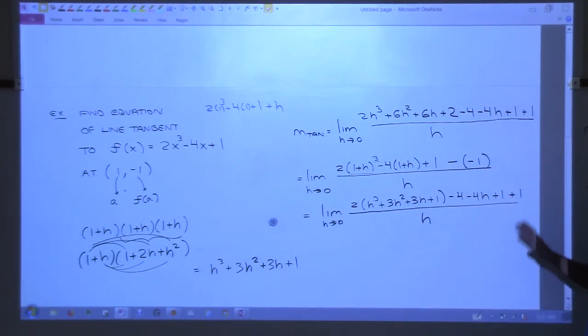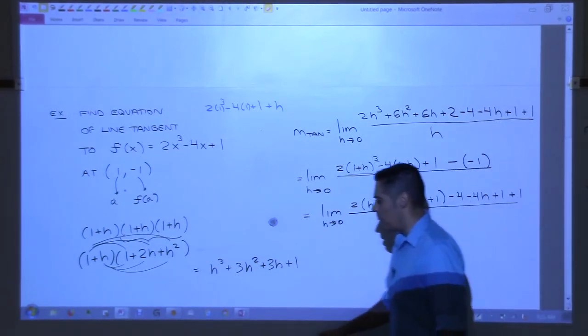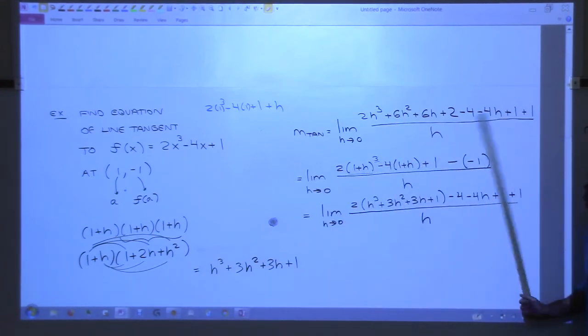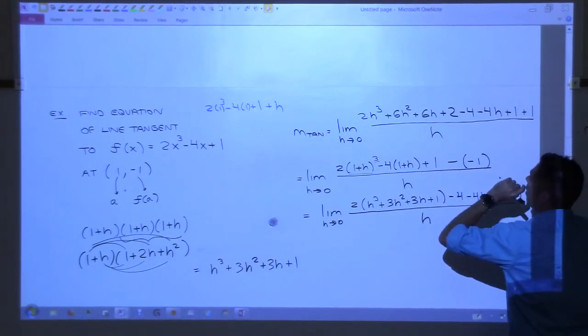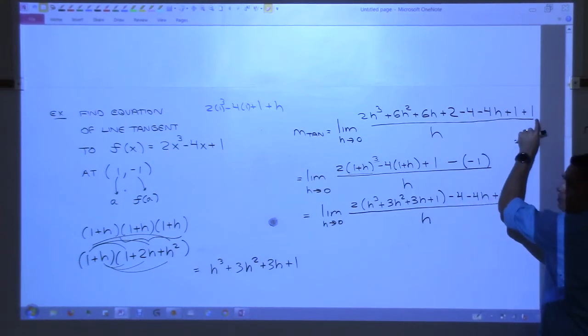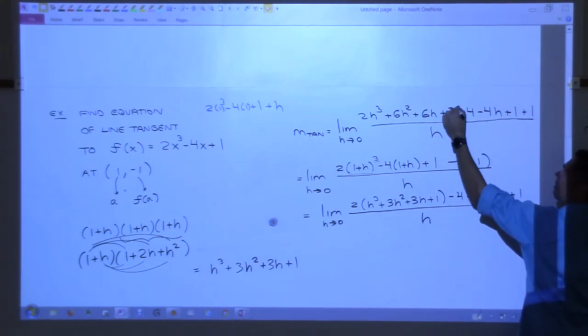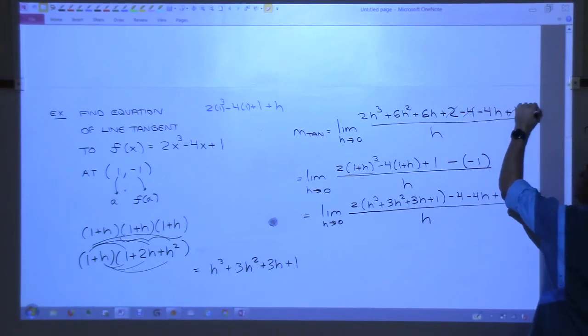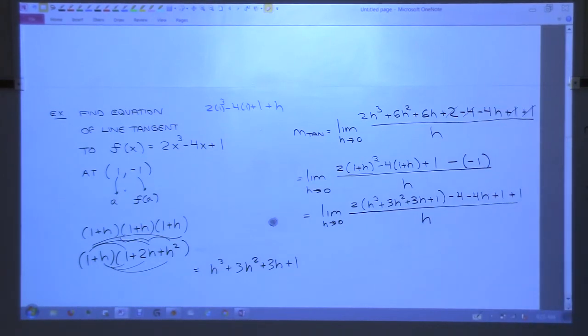Now, if there's any justice in the world, which there's not, this should clean up really, really well. So let's see what happens. Let's get rid of these constants. I have a 2, I'm taking away 4, but then I'm adding 2. So that should go away, right? Like that's like 4 minus 4, basically.